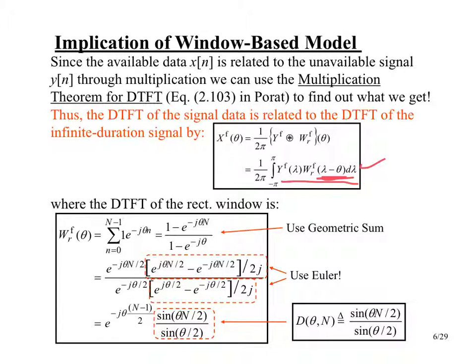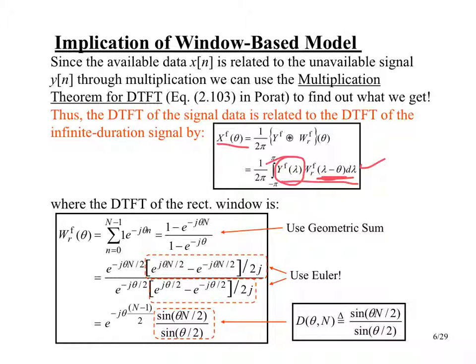But the important thing is that is the action that causes the smearing or the leakage or the smoothing. So the DTFT that we can see is a smeared version of the DTFT that we really want to see.